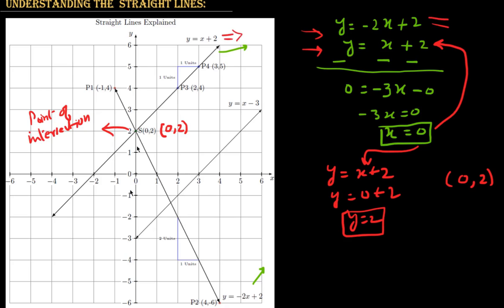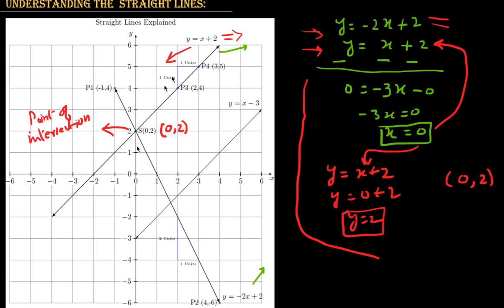So if we were solving them algebraically, this is the mathematical solution, but you can also solve two equations, two straight lines or two linear equations, because every linear equation is a straight line equation, by using the graph. So the graph is so useful.